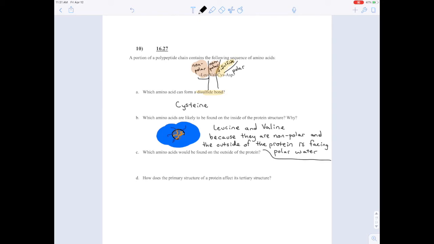So that's why they would not want to face the outside of the protein. Instead, they would face the inside.